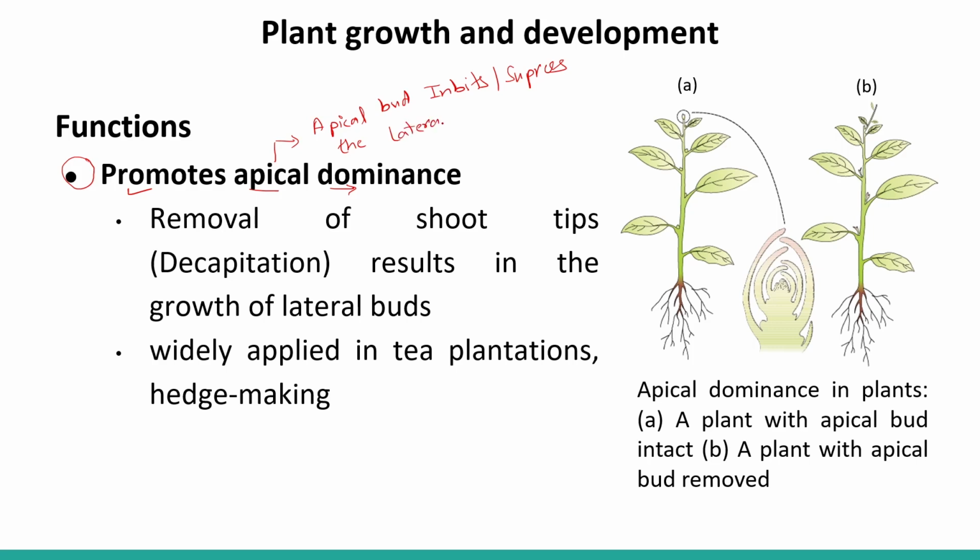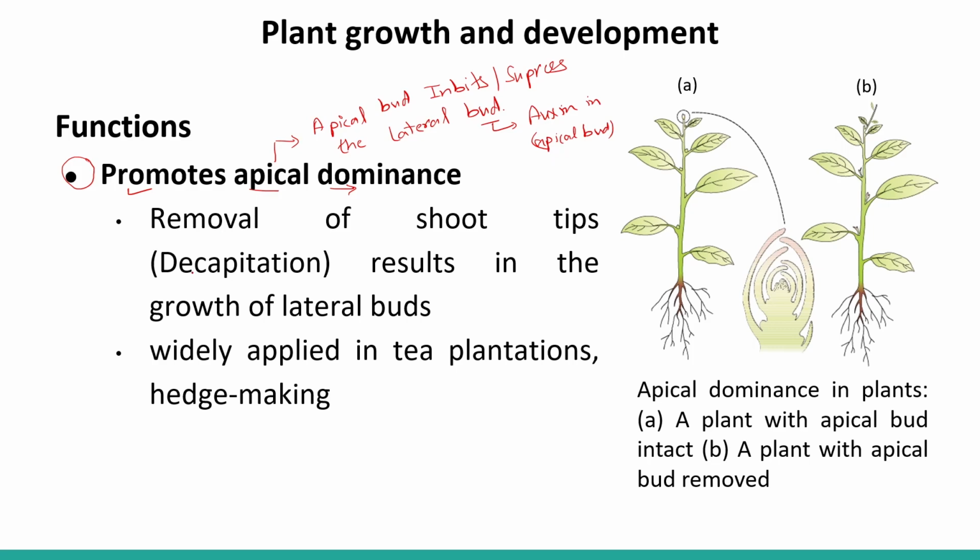This is known as apical dominance, which is caused by the production of auxin in the apical buds, or you can say the shoot apical meristem. So this is clear.